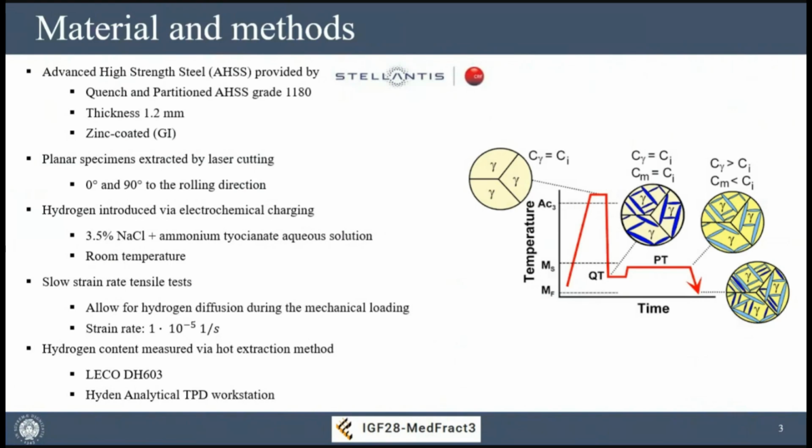Then the specimen is held at a temperature a bit higher than the quench stopping temperature for the partitioning phase, allowing diffusion of carbon out of the martensite and migration into the retained austenite phase. So the final microstructure of this material is composed of retained austenite, ferrite islands, and a base of martensite that is more or less a tempered martensite.